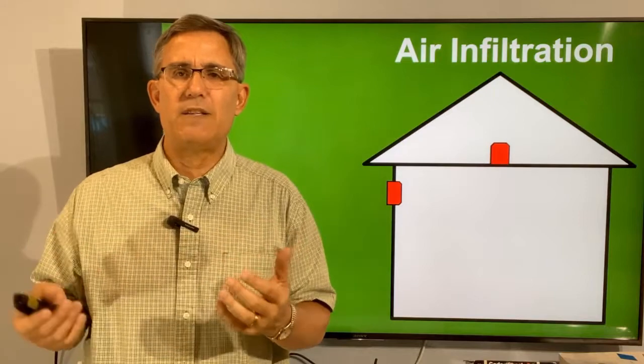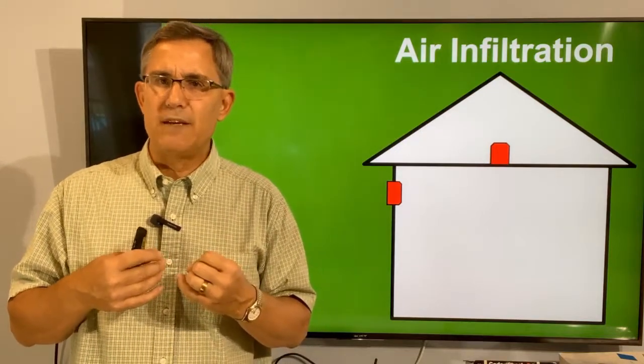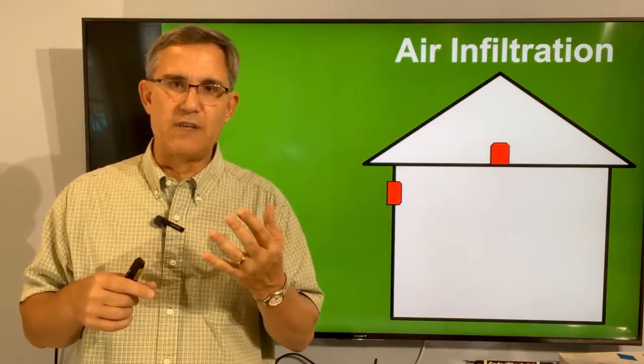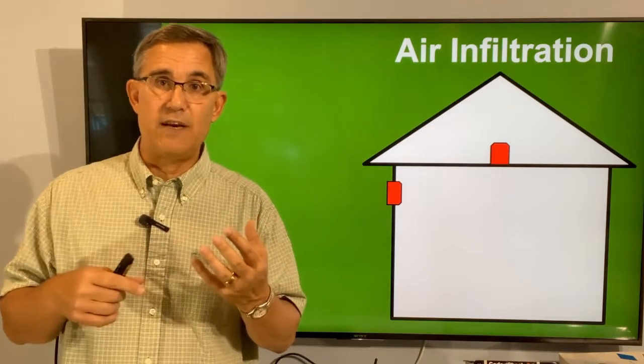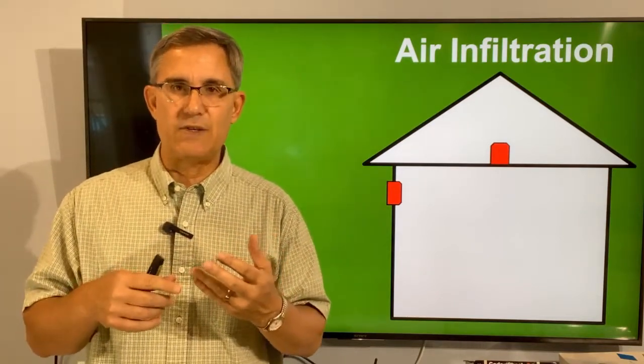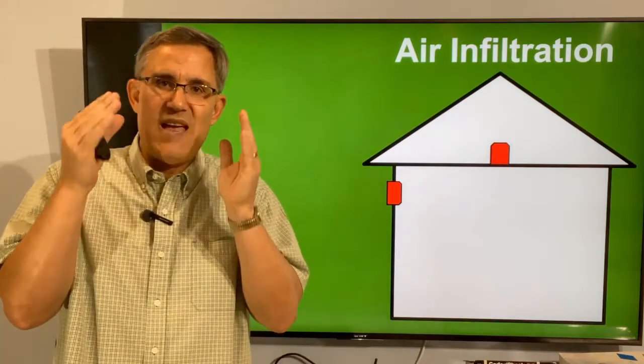Well, I seal all this up. Well, yes, you have wall sconces on the outside of the house as well as inside the house. You have electrical boxes in walls. You have switch boxes. You have all sorts of cutouts on the sheetrock side, and you have cutouts on the outside side as well. So air can get in and out of walls fairly freely unless you manage it.